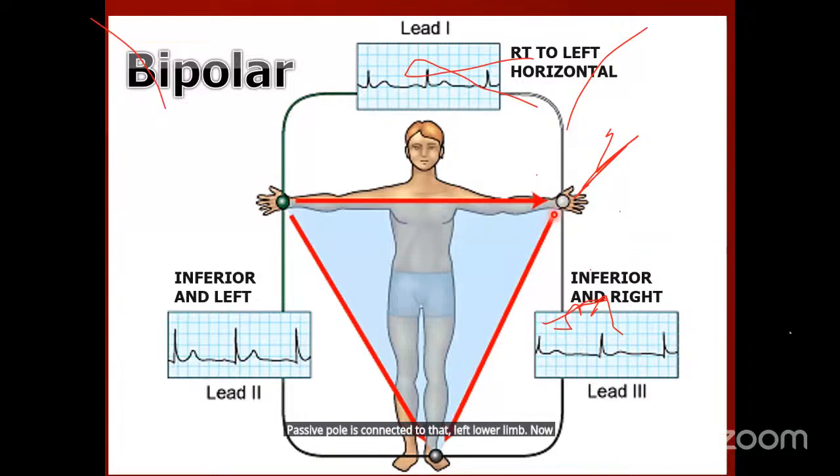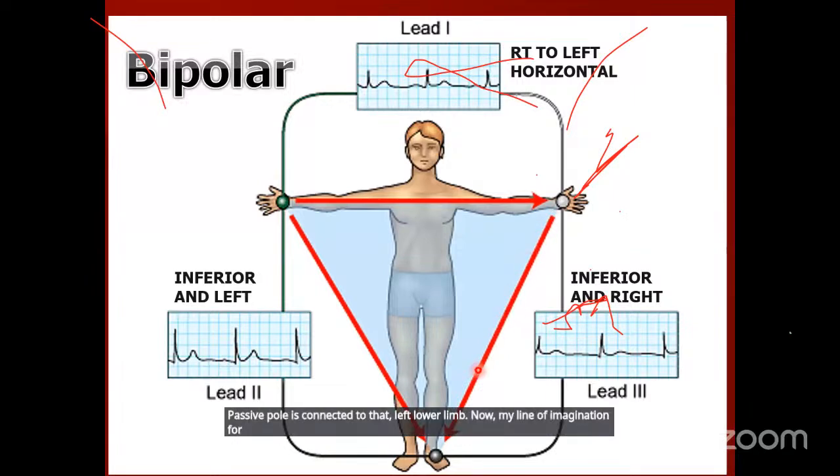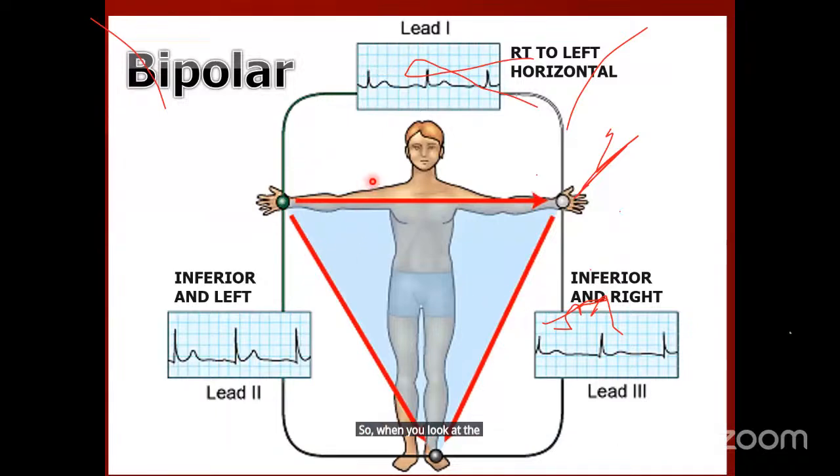Now my line of imagination for lead 3 is coming down and towards the right side. So when you look at the 3 bipolar leads, the line of imagination for L1 is right to left horizontal, lead 2 is inferior and towards left, and lead 3 is inferior and towards right.